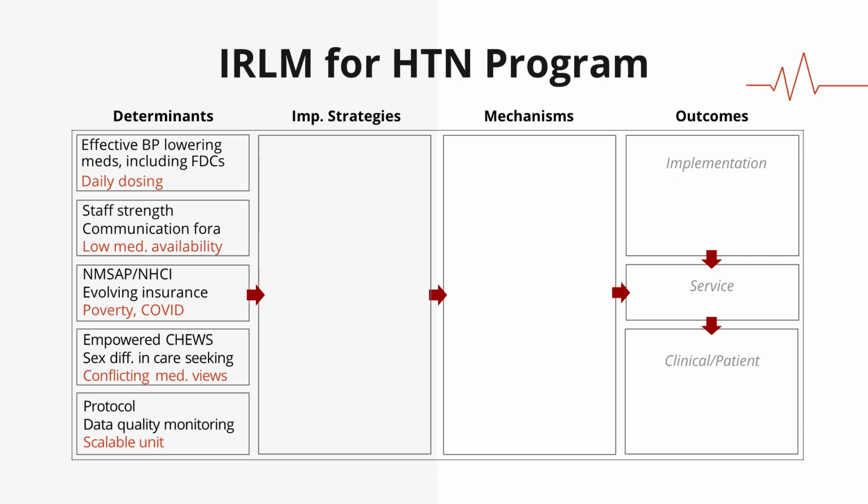They were given the legal right to prescribe blood pressure lowering medicines in this context. We did note that there are sex differences in care-seeking behavior, which was a facilitator for females who often receive maternal and child health care in primary care facilities, but was also a barrier for males who are less likely to seek care in primary care.